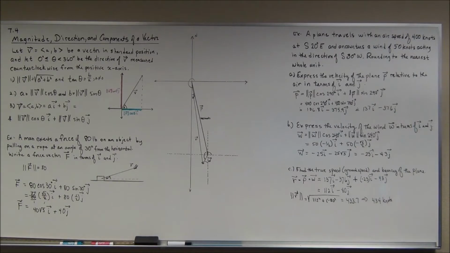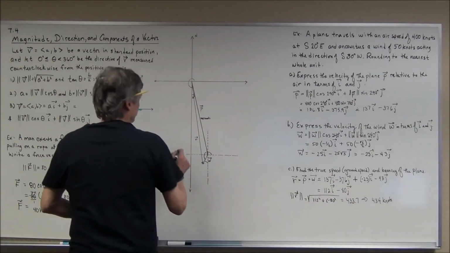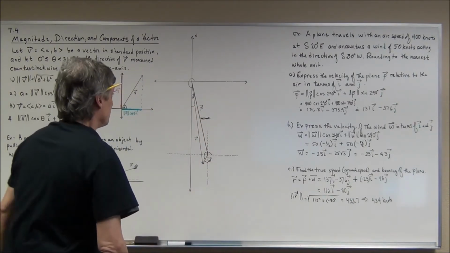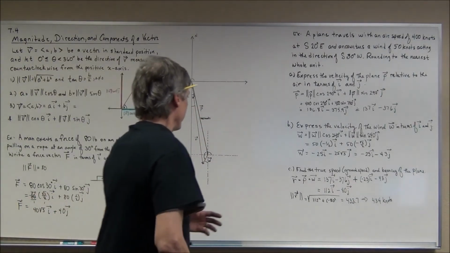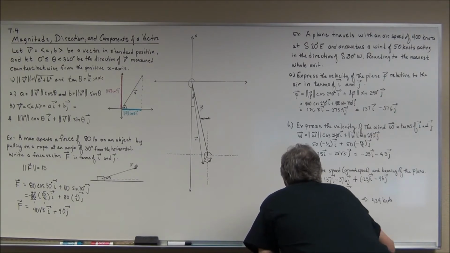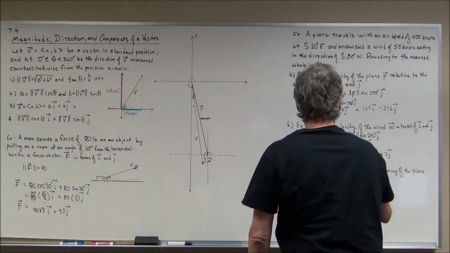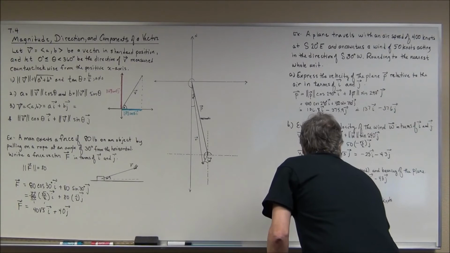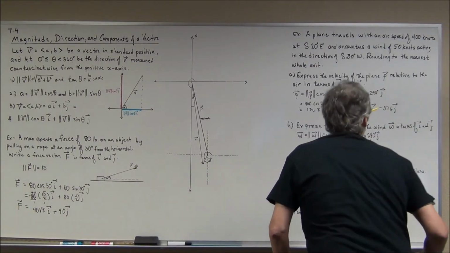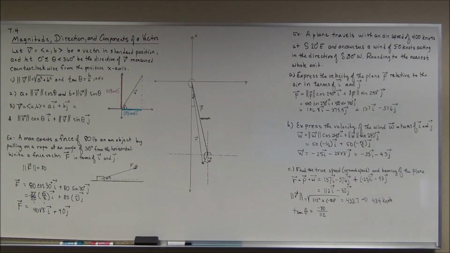Now, to find the actual bearing of the plane, I would need to find this angle right here. To do that, I have to do the tangent of this angle being B over A, so that would be negative 80 over 112. Well, hang on a second, do I have the right one?